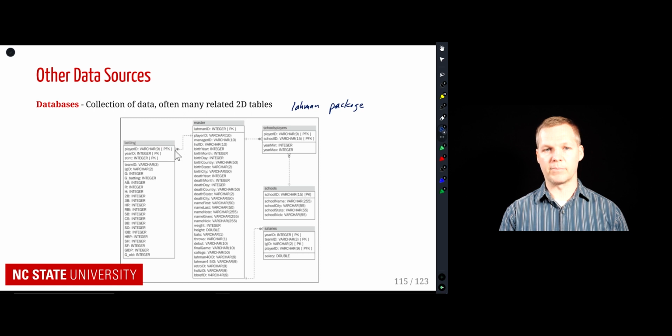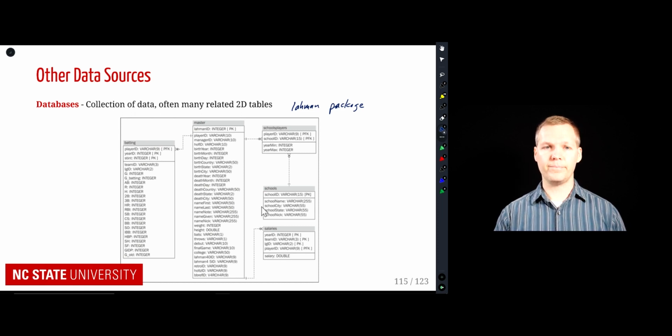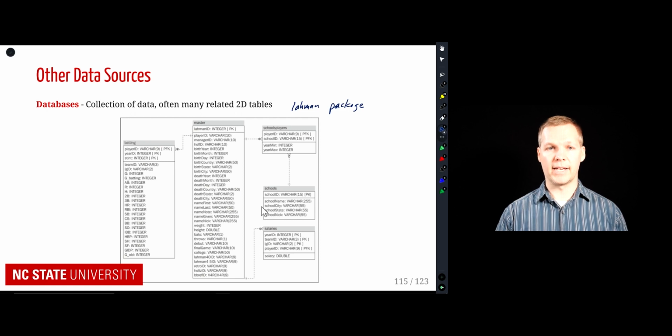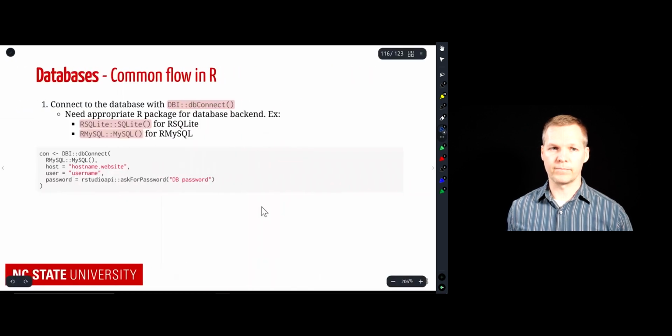So notice that player ID is in both of these. So these are linking these two tables. There's also things like salaries, schools. There's also a pitching data set, etc. And so these tables are linked to one another through some of the variables that they share in common. So anyway, we would refer to something like this as a database, a bunch of data tables or a bunch of data frames that are all related to each other in some way.